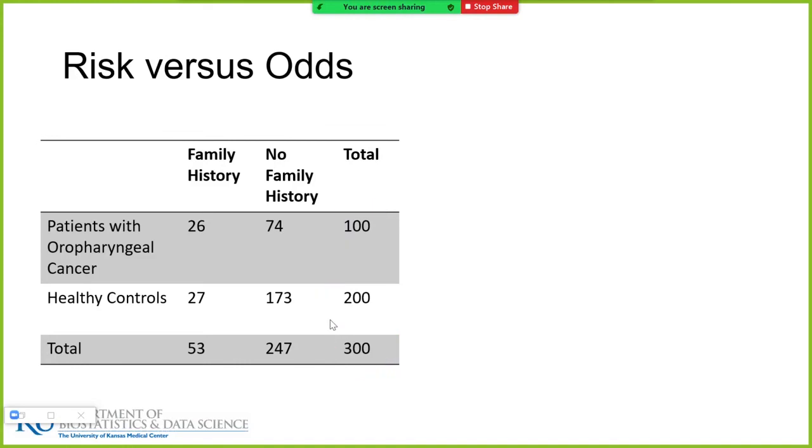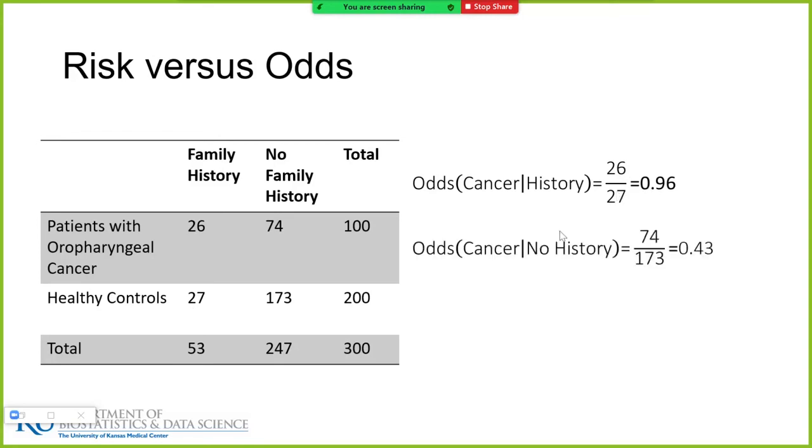But we can calculate the odds. The odds of having cancer, assuming you have a family history. So that's this column. Patients with cancer is 26, patients without cancer is 27, so 26 out of 27, or 0.96. The odds of having cancer with no family history, 74 to 173, is 0.43.